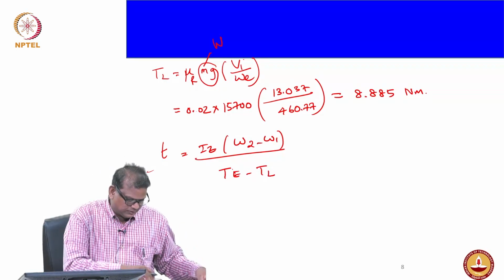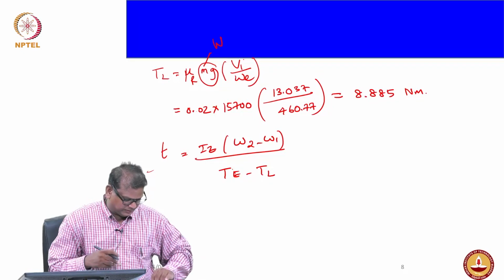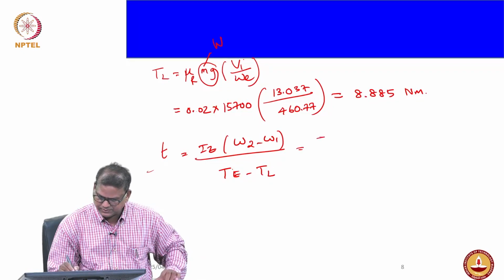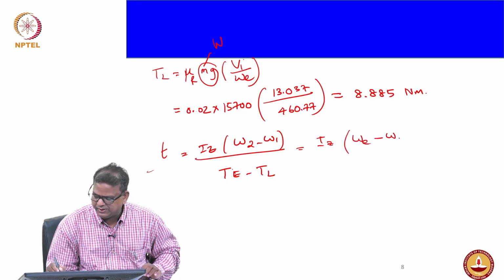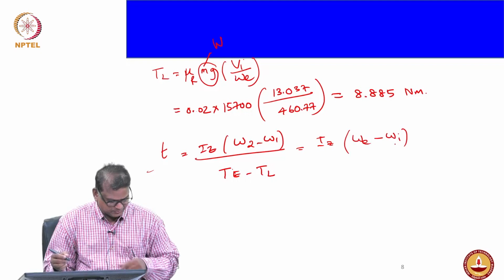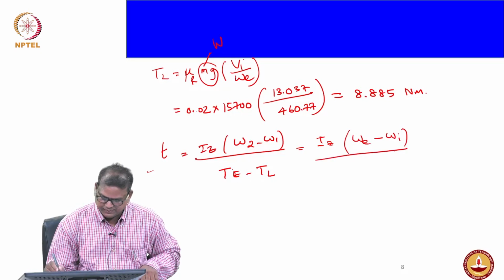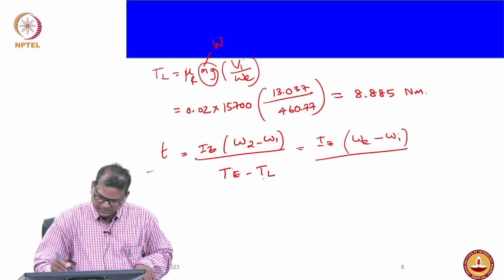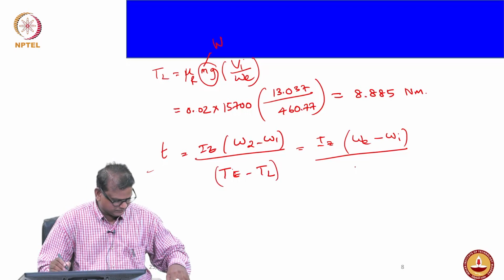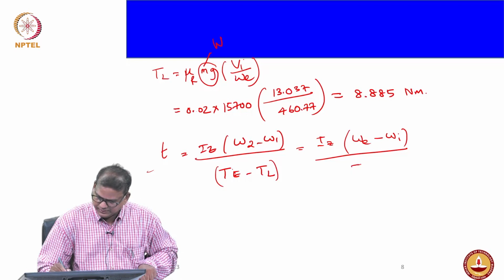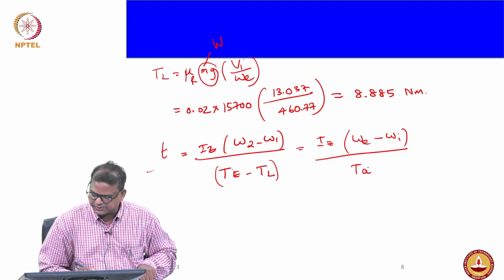So in fact, I will make it better: this is the engine speed omega_e, the corresponding gearbox speed omega_i, and T minus T_L is nothing but your acceleration torque.